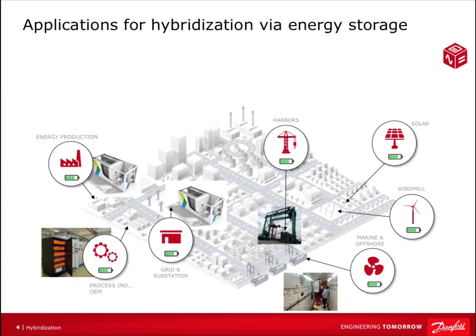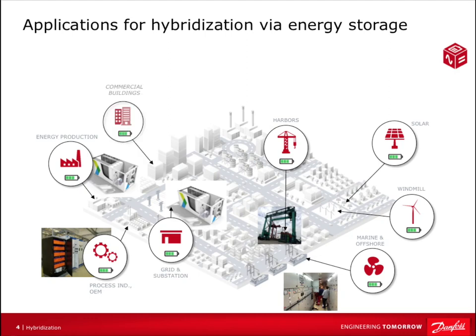Other opportunities, for example, could be in process industries. Think of a paper machine or a metals line. Shutting down during operation can cause serious financial losses in the overall process. So in order to continue to run, it may be necessary during a blackout or a brownout period to provide enough energy for the process to either continue to operate or to successfully shut down to minimize production losses.